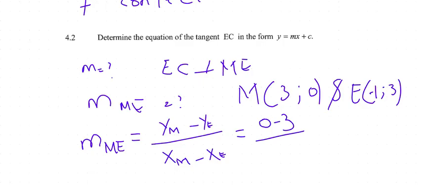So this equals -3 by 4. The gradient of ME is -3 by 4.